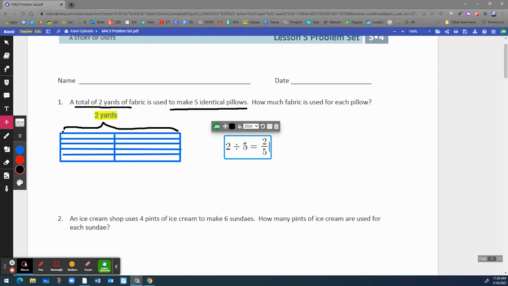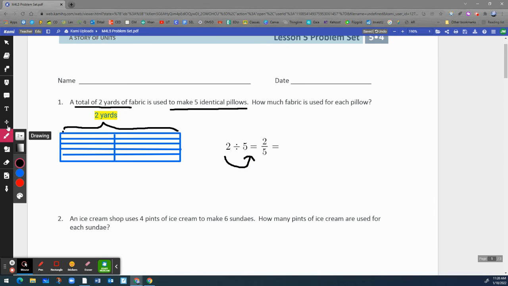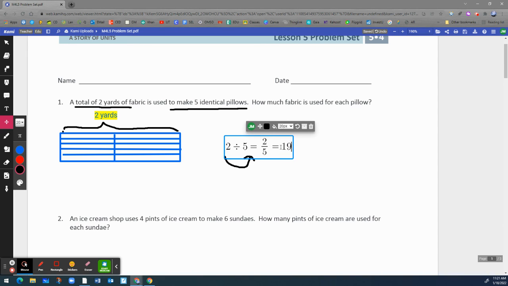But let's do it as a unit form. When you multiply 5 times 2, or 2 times 5, that equals 10. And then you say, well, 10 what? What is the unit? Well, remember, the unit is always the second number. It's the 5. The 5 is the unit.